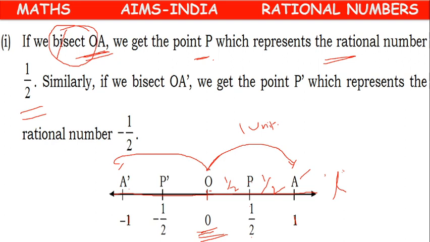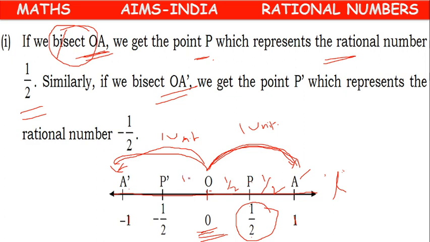By bisecting a unit length, we are getting the rational number 1 by 2. In the same way, if you bisect OA dash, the OA dash distance is also 1 unit.